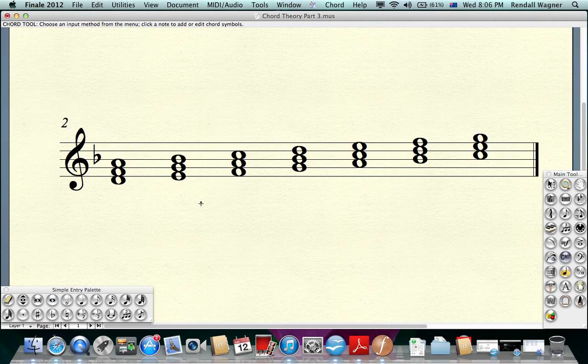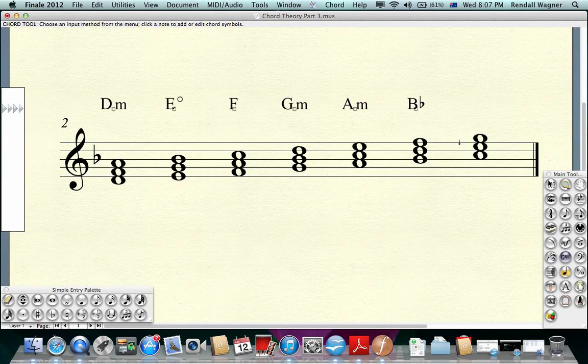Okay, so let's just put the names of the triads in. We've got D minor, E half diminished, I'm sorry, and then we have F major, G minor, A minor, B flat major, and C major.